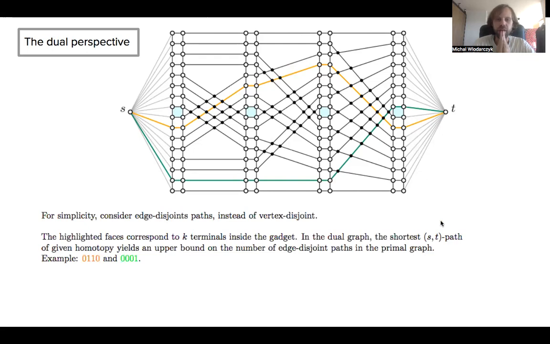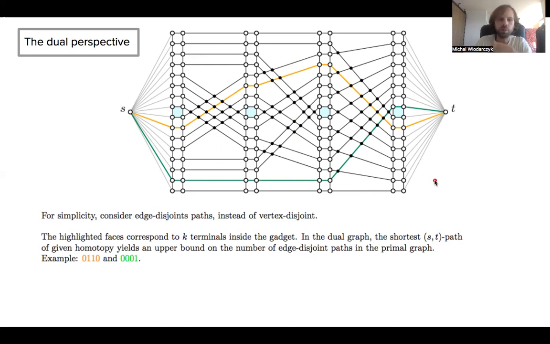There are examples of shortest S-T paths for the homotopy given by 0, 1, 1, 0, and the green one is for 0, 0, 0, 1. In general, this graph is constructed in such a way that for each homotopy class, the shortest S-T path should go as straight as possible.